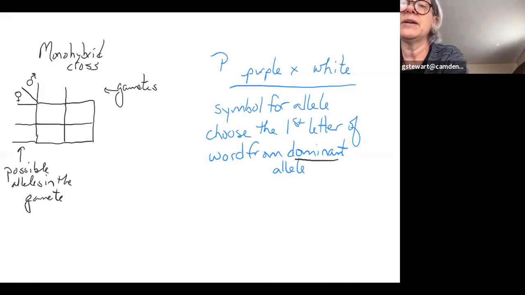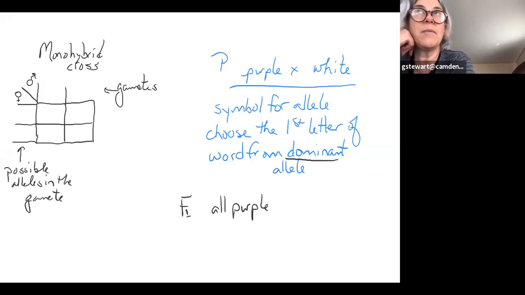How do we know that? Because when purple gets crossed with white, remember the F1 generation, they are all purple. And we said specifically when we talked yesterday about Mendel's first law, the law of segregation, that the dominant allele is the allele that masks or hides the recessive allele in the F1 generation.